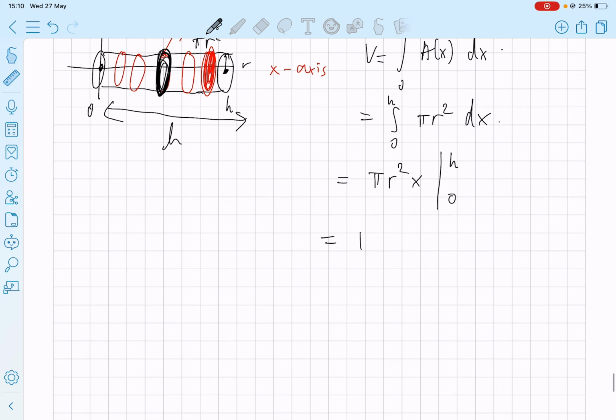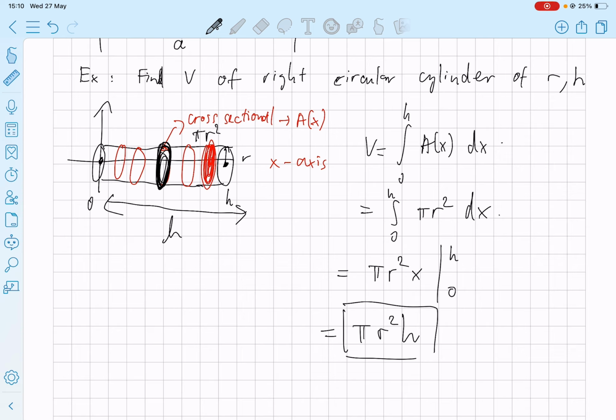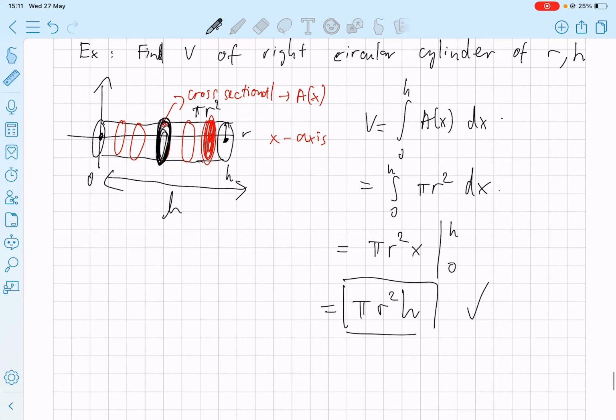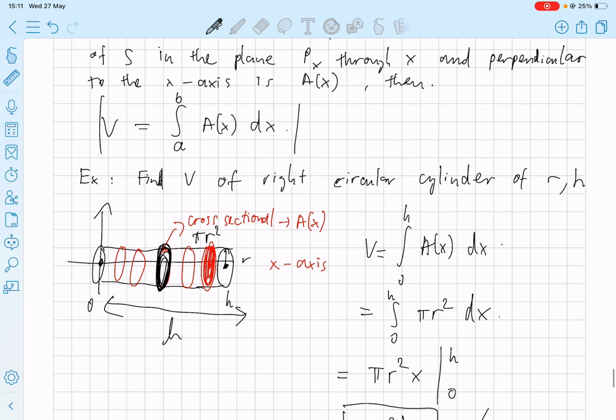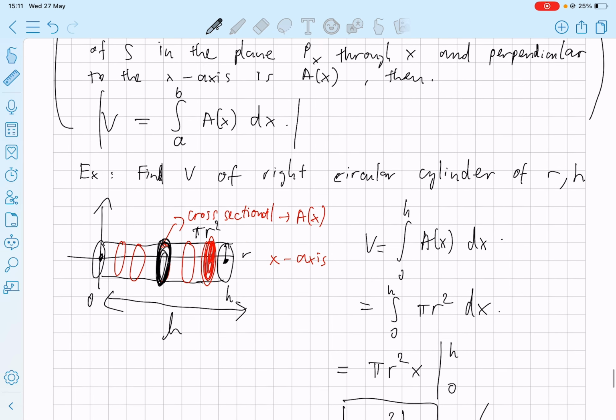It will give us pi r squared h, and this is exactly the formula that we know for the volume of a cylinder. So let's give a check here, because it is correct. That's what we know. So this is the example that helps you imagine the really abstract definition over here.